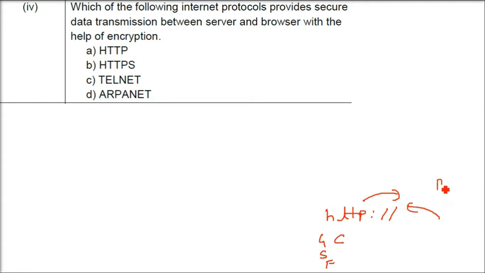But as things progressed, everyone started using it. Banking, money transactions, e-commerce were taking place here. Then things changed, because there are people with bad intentions, fraudulent people. They started misusing it. They were reading what was going from one point to another.